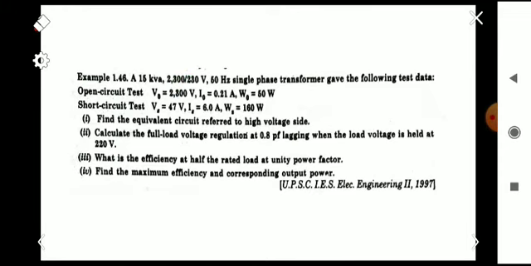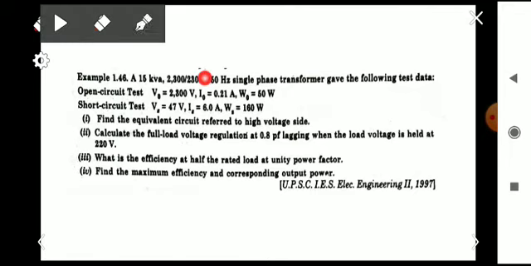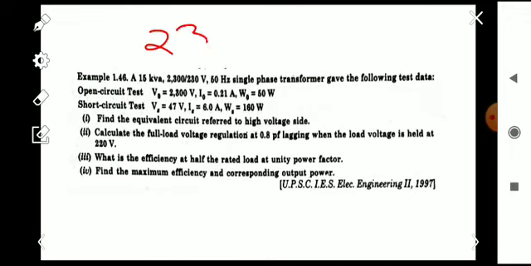So from the short circuit test we will initially obtain the resistance and reactance values on the primary side, that is R01, X01, and later we can convert R01 and X01 to R02 and X02. If the rating was given as 230 by 2300, then we know that the high voltage side is on the secondary.